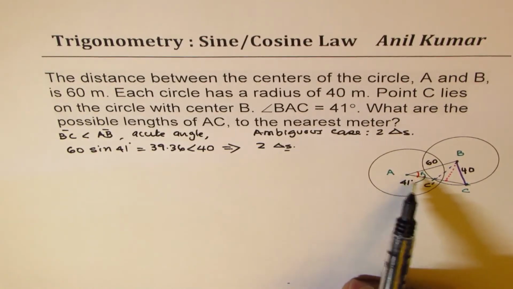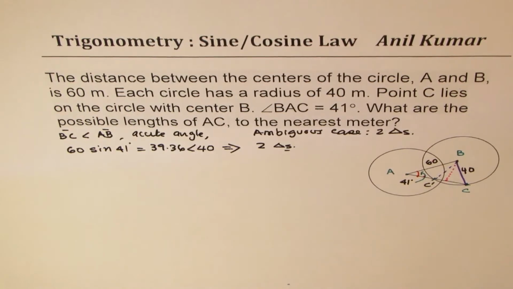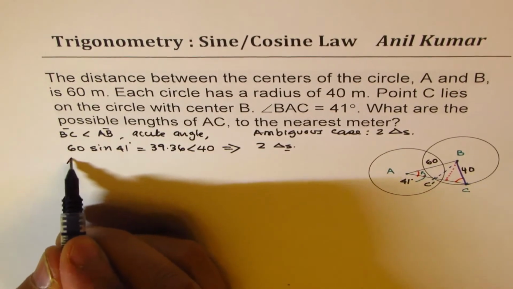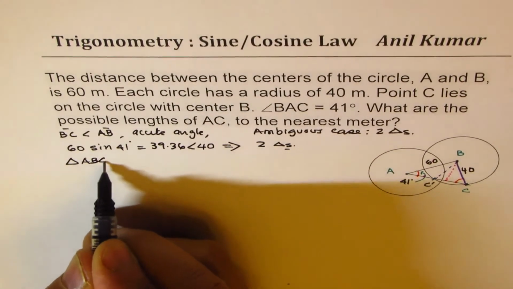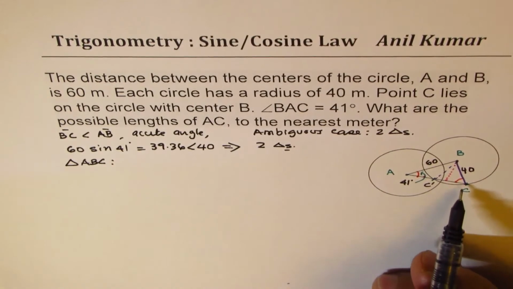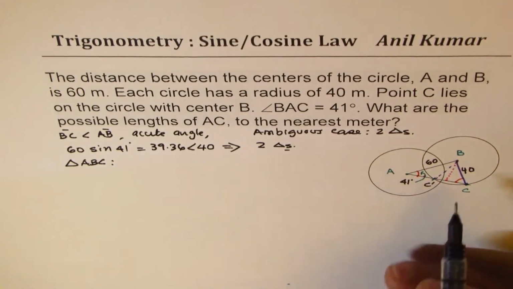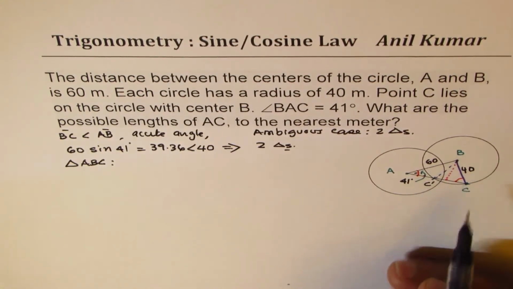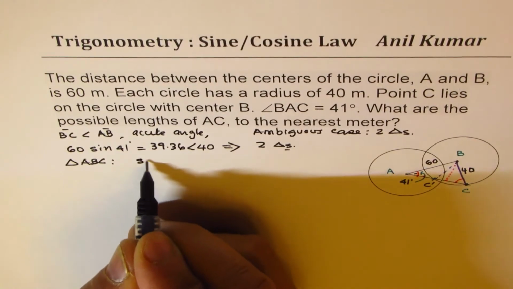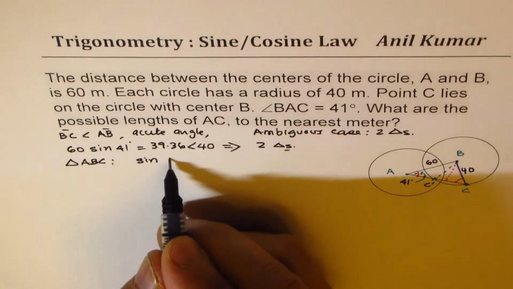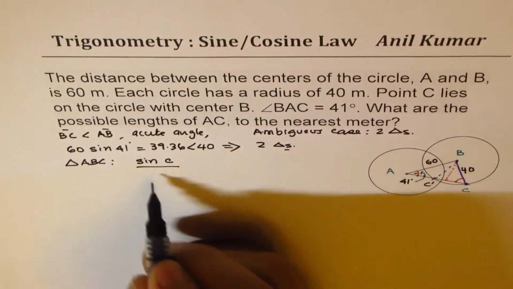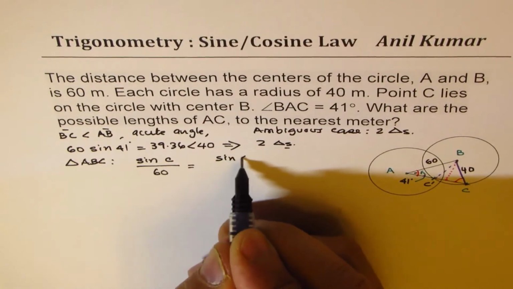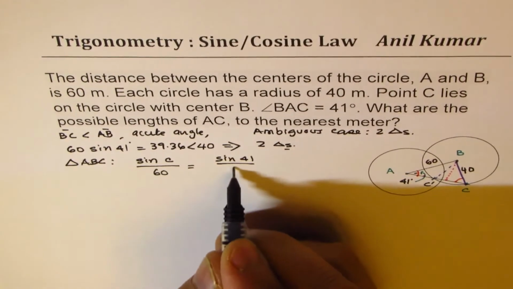Now let's figure out what is the angle C first. We'll find this angle using the big triangle ABC. So let's analyze the big triangle ABC. Now in this triangle we can apply sine law. We know the ratio of A and A. So to find angle, we say sine of angle C over opposite side is 60 is equal to sine of 41 over 40, correct?